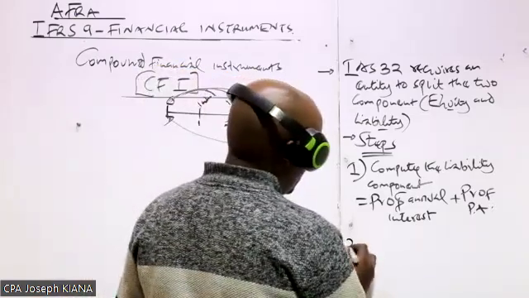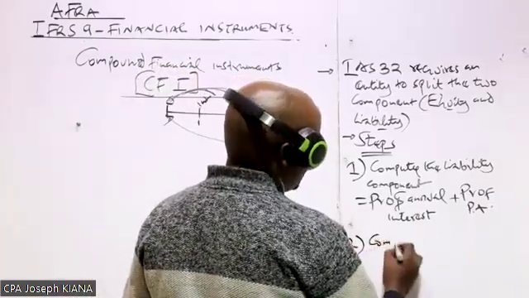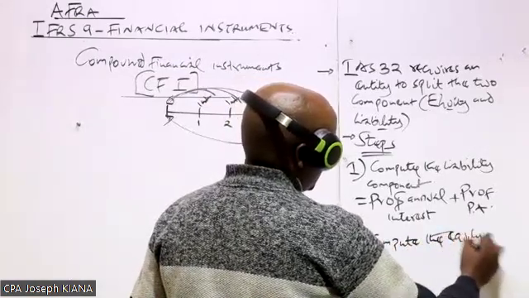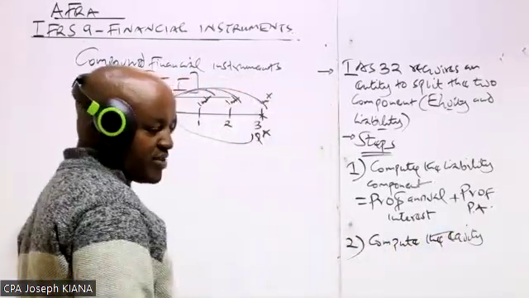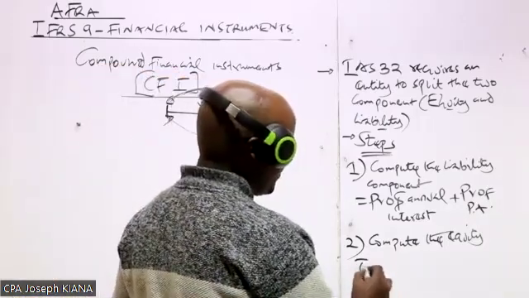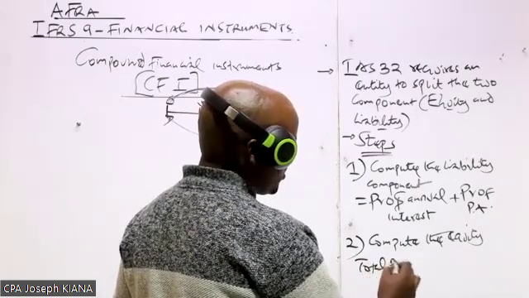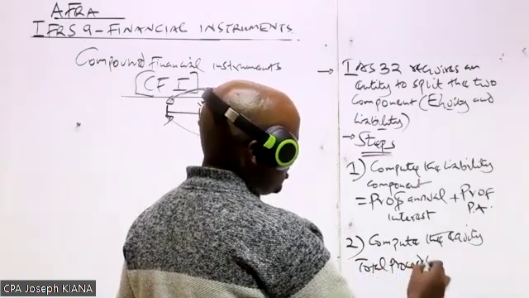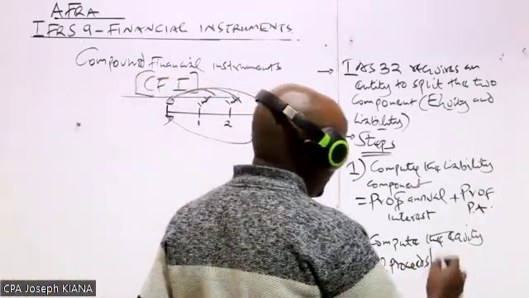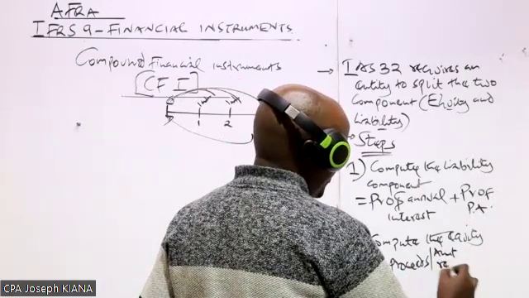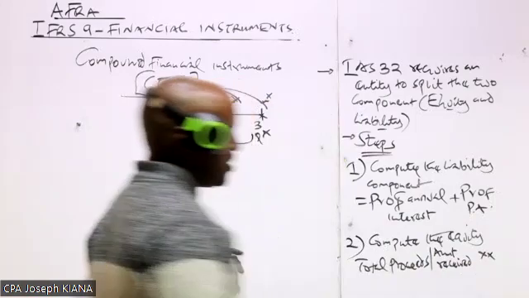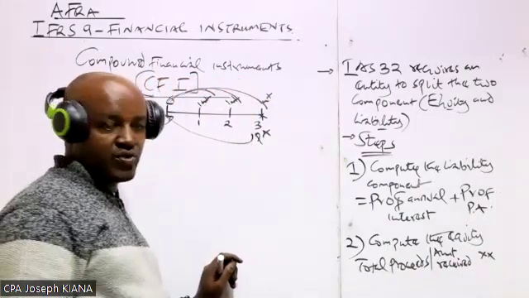In step 2, we compute the equity component. How do we compute it? We take the total proceeds, in other terms the cash received, the amount received by the company from issuing this compound financial instrument.